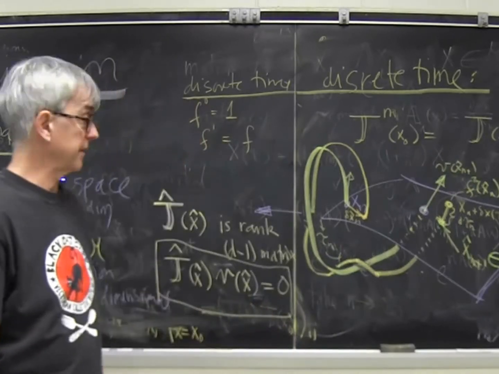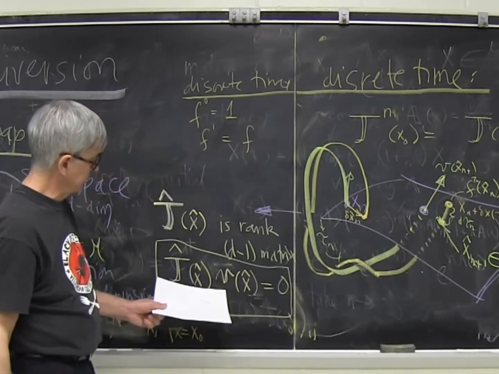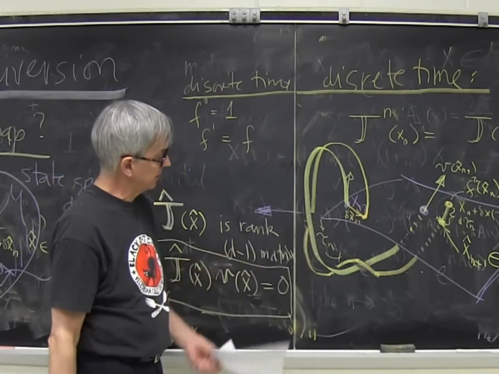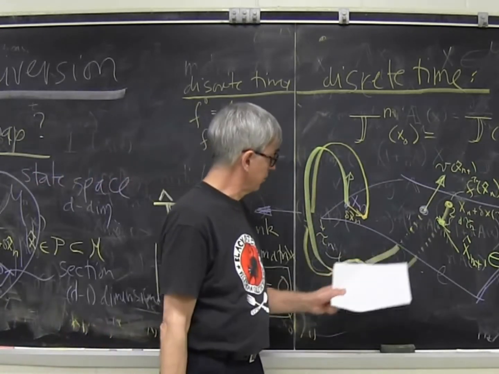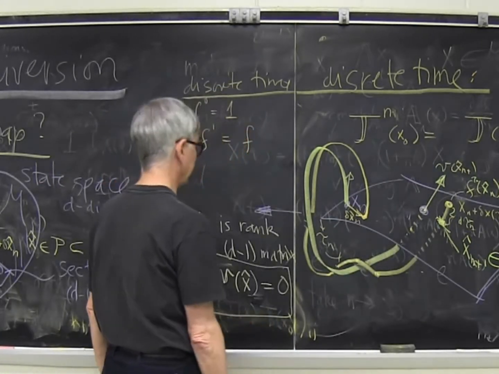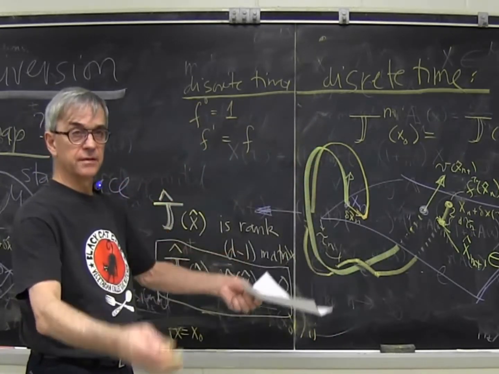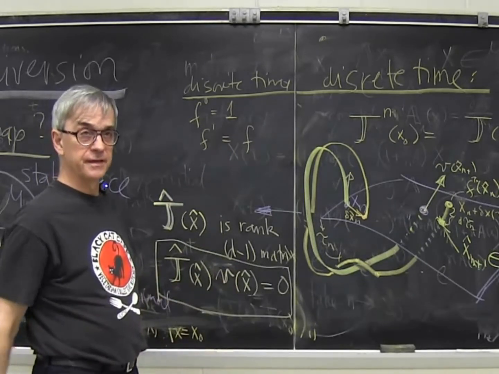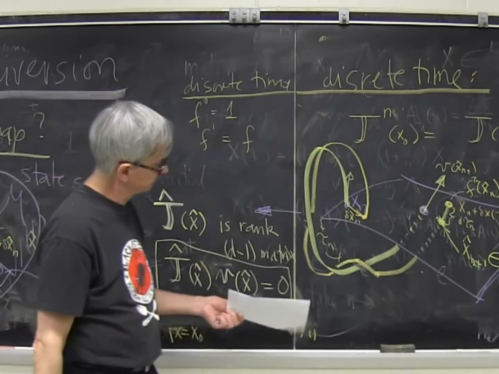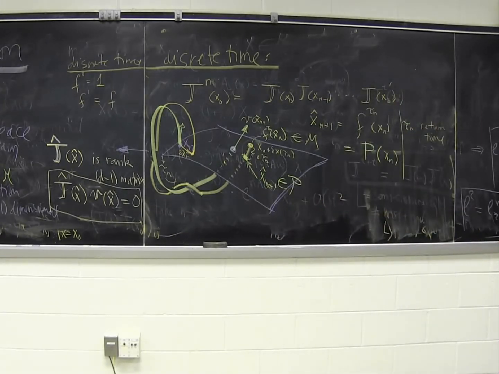That's what it means. That's the idea of the Poincaré section. And then locally, you can construct some coordinates in which, in local coordinates, this is really a D minus 1 by D minus 1 matrix. But in general, you're working in your own coordinates, so it's not obvious it's D minus 1. So it takes a little work to do this, but it's the same as what you expect. You reduce the flow to a map.